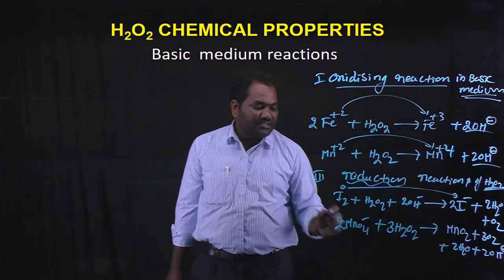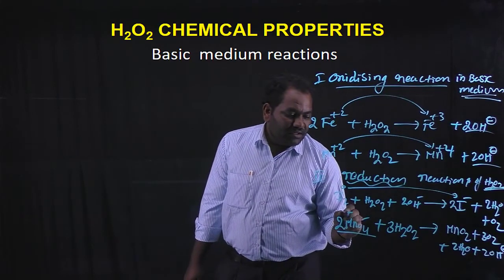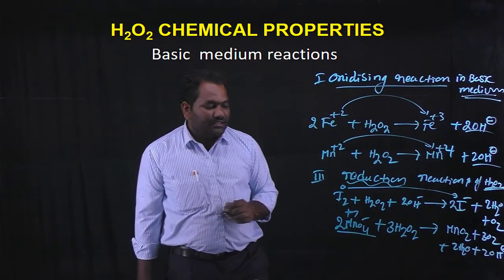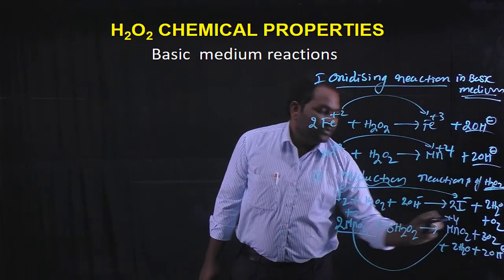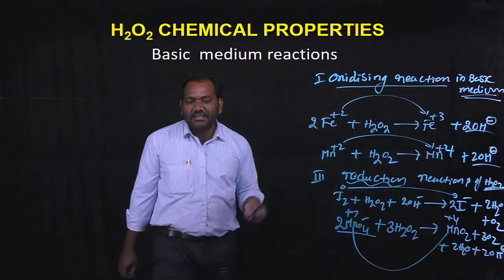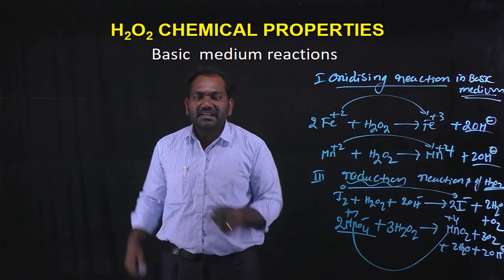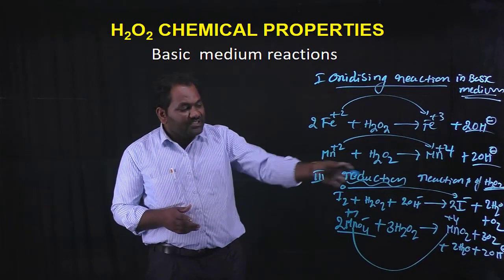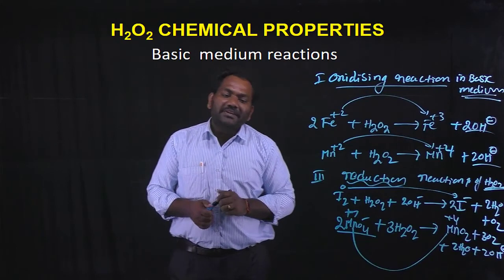In this reaction also, the oxidation state of Mn in MnO4 minus is plus 7. The plus 7 oxidation state is converted to plus 4. It means the oxidation number is decreased. That's why it is considered a reducing reaction. That reducing reaction takes place in presence of OH minus ions, so it is considered a basic medium reaction.